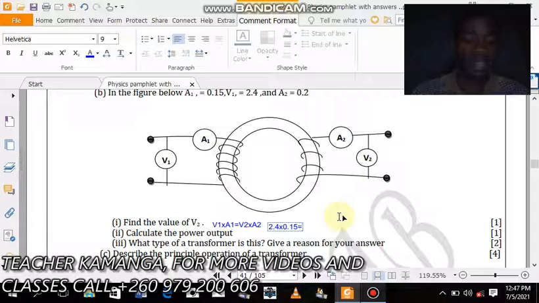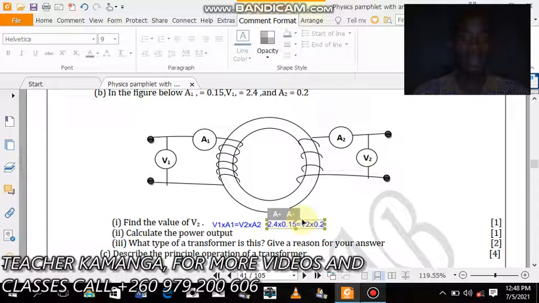We'll just leave it like that because it's the value that we want to calculate. Then we say times the A2 that has been given, which is 0.2. Then when you do your arithmetic there, you understand that you're going to divide both sides by 0.2.